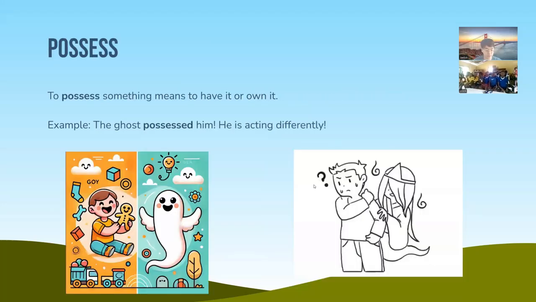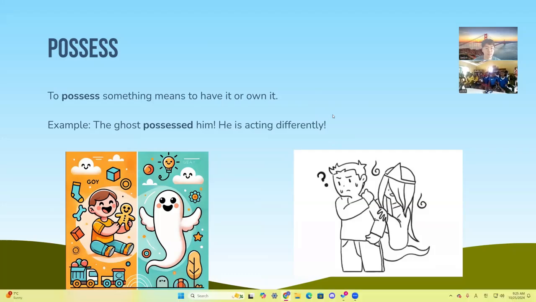Now the next word is possess. To possess something means to have it or own it. So, for example, the ghost possessed him and he is acting differently. You can see here there are two meanings of possess.